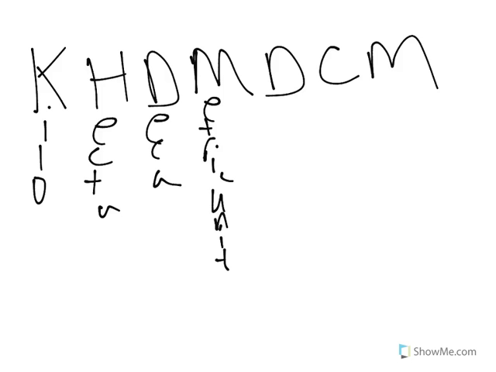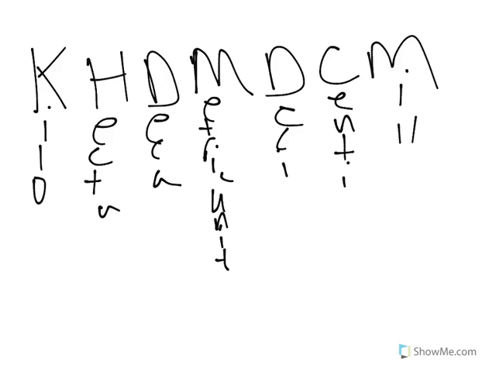It could be anything: meters, liters, grams, newtons, joules, volts, electron volts, any possible metric unit. Alright? D is for deci, C is for centi, and M is for milli.